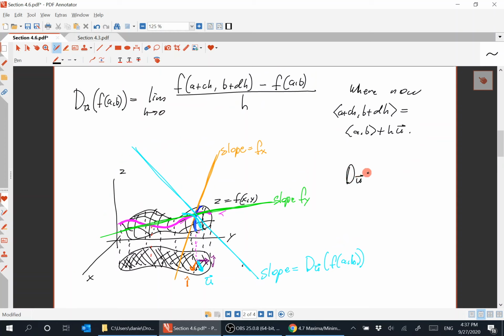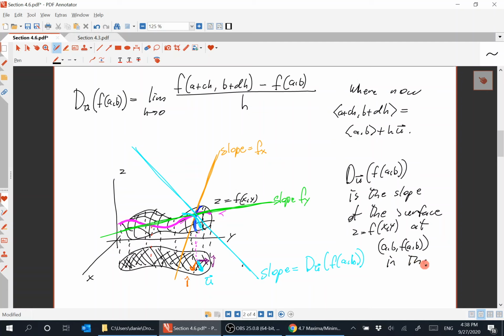So the directional derivative in the direction of u is the slope of the surface z equals f(x, y) at (a, b) in the direction of u.